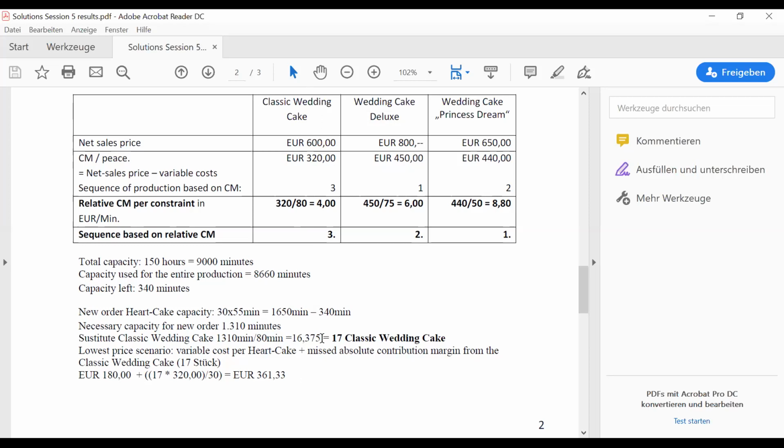However, we cannot just skip 16.375 cakes. In that regard, we always have to round up. Never round down, because it's more than 16 cakes.